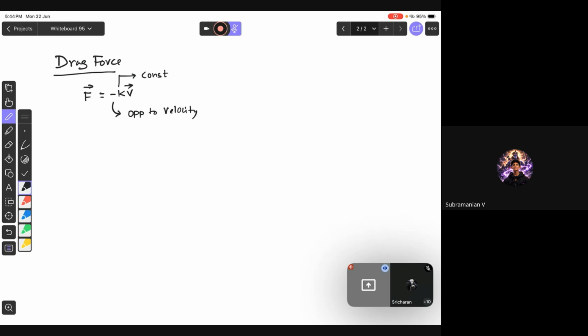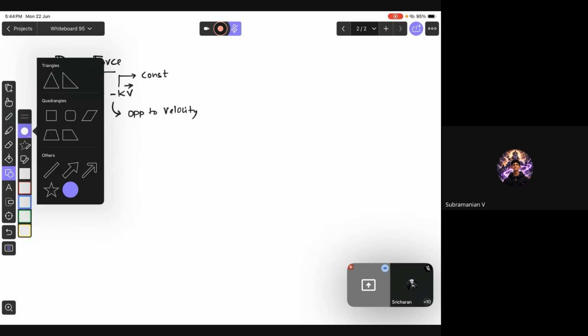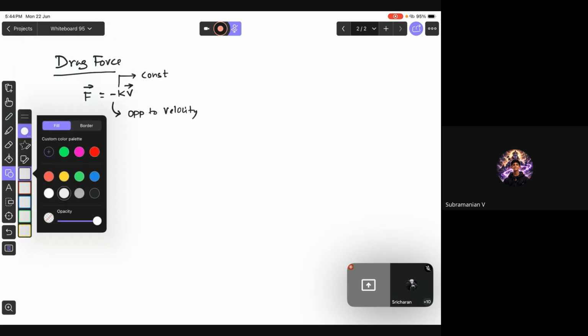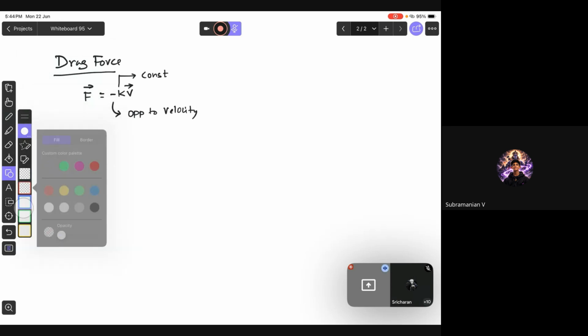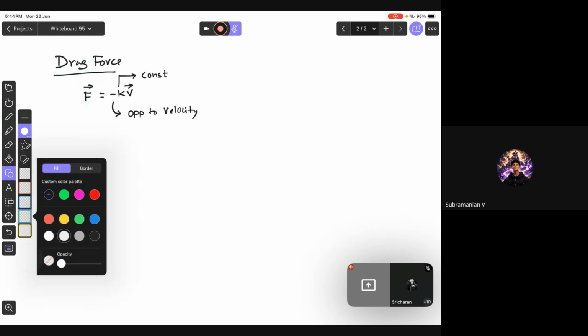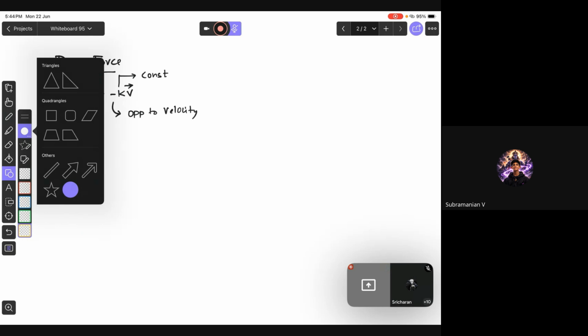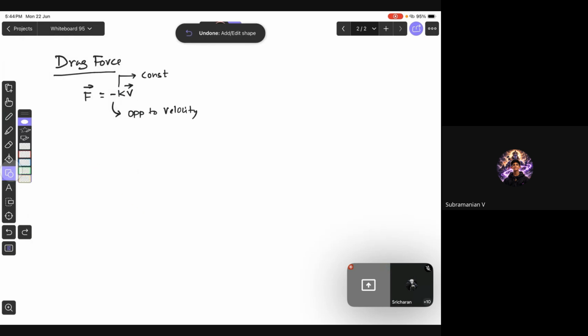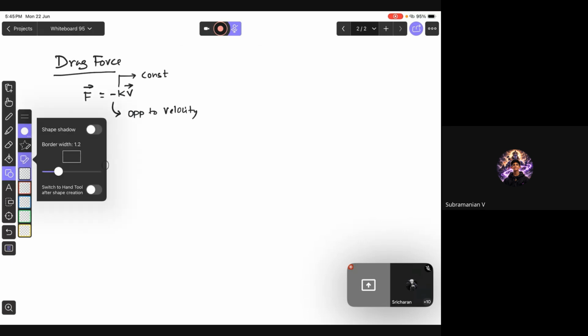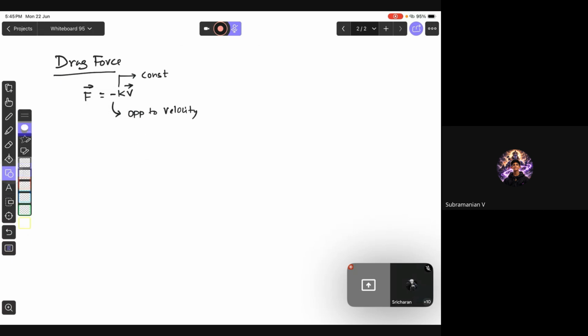So at t equals 0, if I release an object near the surface of the earth, the force of gravity we know will be mg. If I release an object at t equals 0 with velocity 0, then the only force it is going to have is mg.